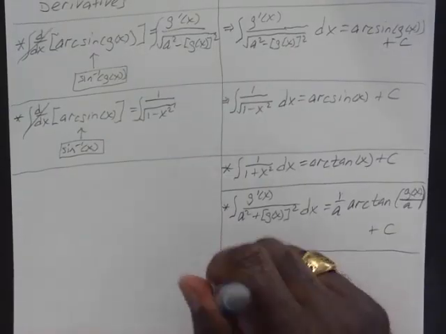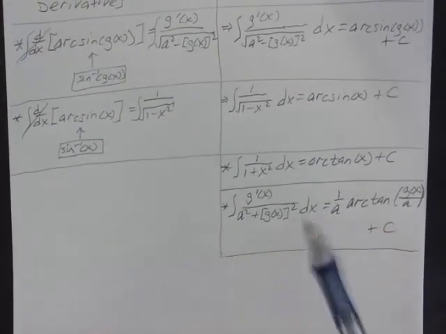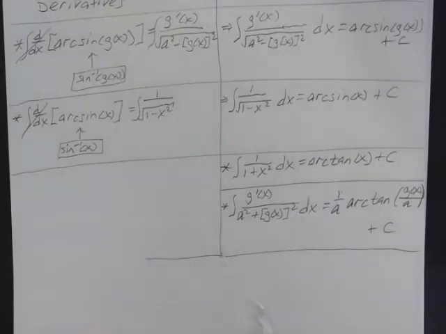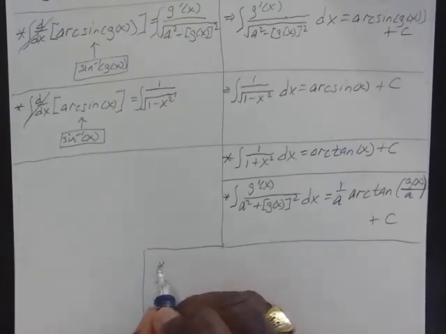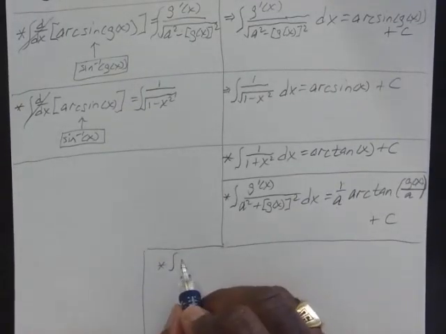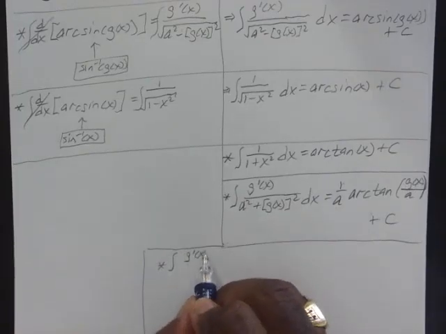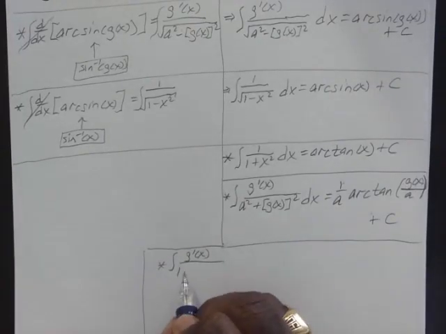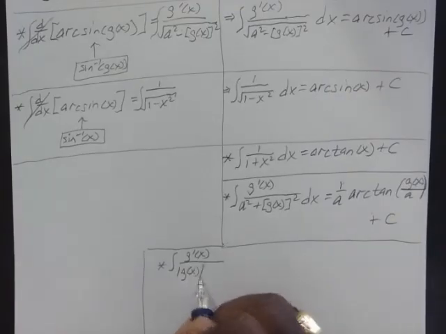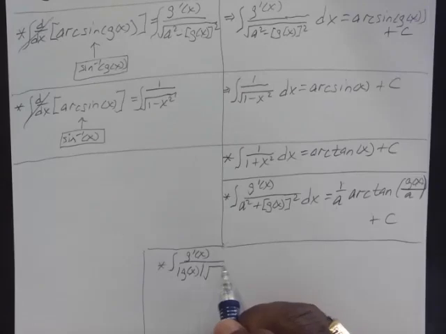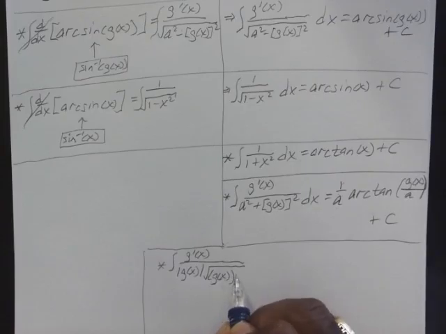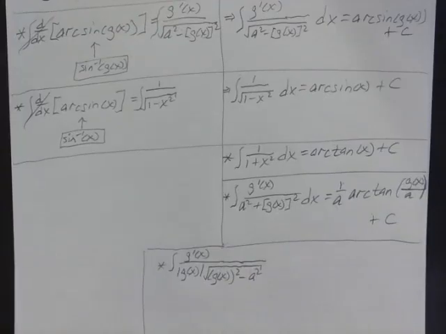And last but not least, let me give this a little more room because I already know I'm going to run out of space for this one. I should have had this one a little bit shorter. We have the antiderivative of g prime of x divided by the absolute value of g of x times the square root of g of x squared minus a squared with respect to x.